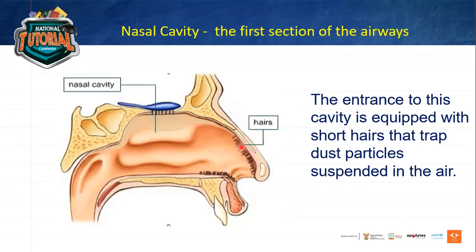So the air that you breathe in, like today, it's quite dusty where I am in Johannesburg. So the air has many dust particles today compared to other days. But even at other times, maybe summer, there's more pollen in the air. And then when you breathe in that air, it comes with those particles. So the hair inside this nasal cavity traps those dust particles so that the air that then moves inside is cleaner.